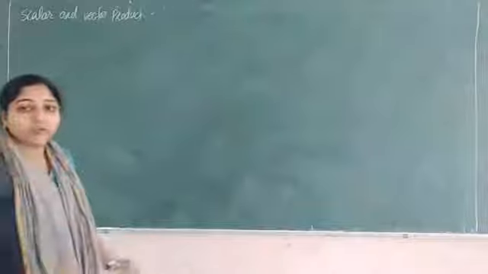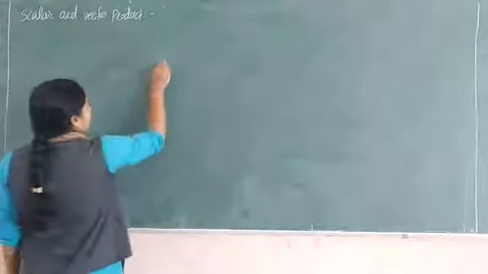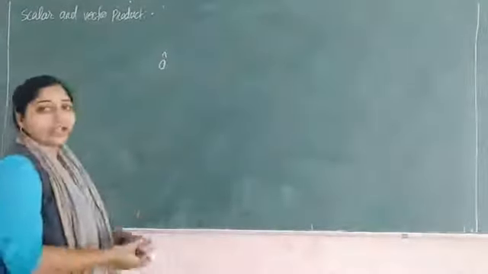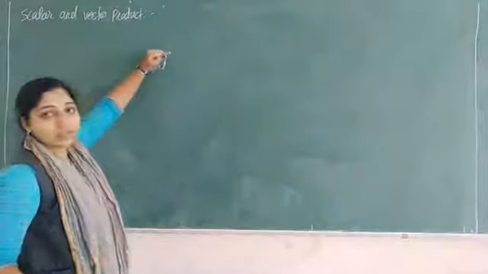Next we have how to find the unit vector. The unit vector is generally denoted as A with a cap on it. Here we have to draw the cap.